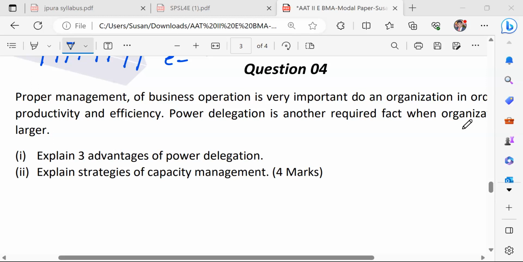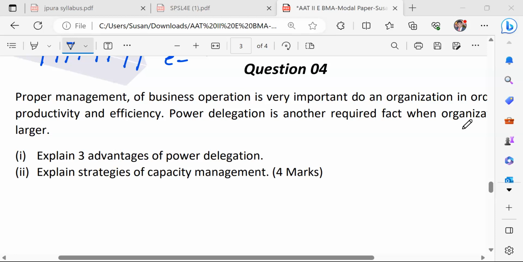We can plan capacity according to demand, right? Demand, right? According to different factors, we can plan the capacity. Now we have discussed the strategies of capacity management, right?